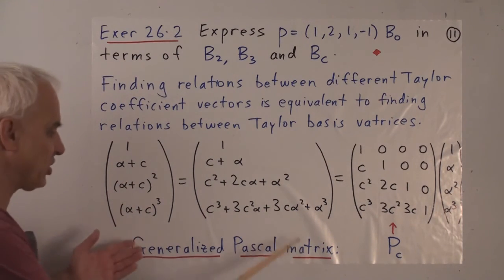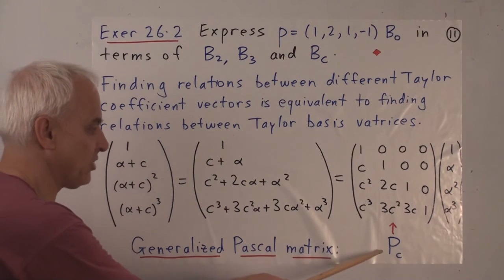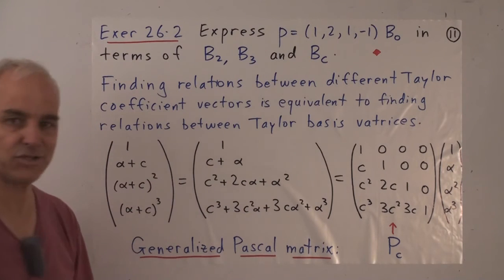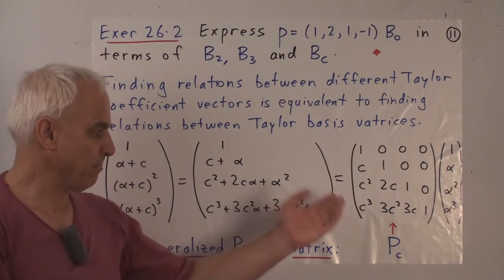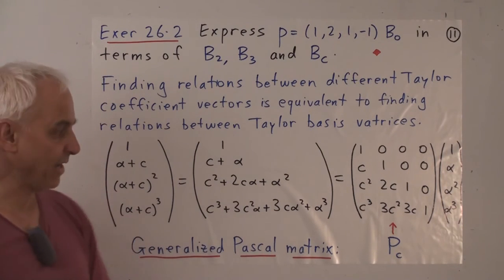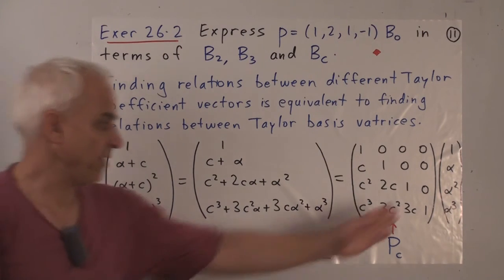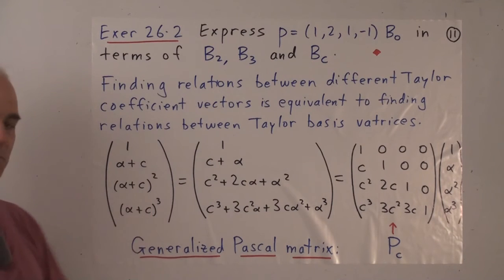So this is a generalization. It's the generalized Pascal matrix P sub C. There it is right there. It's actually an interesting and important matrix. It tells us how to change basis from this basis to this basis.